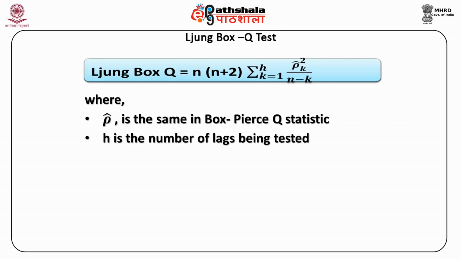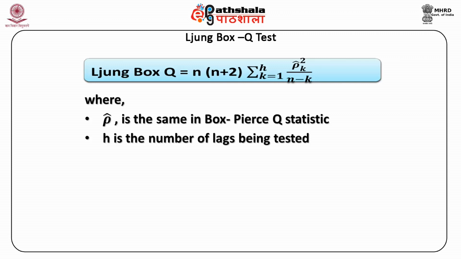If the residuals are white noise, the Q statistic follows a chi-square distribution with h degrees of freedom, just like the Box-Pierce Q statistic. The Q statistic can be applied for any type of ARIMA, which I am sure all of you know is autoregressive integrated moving average model.